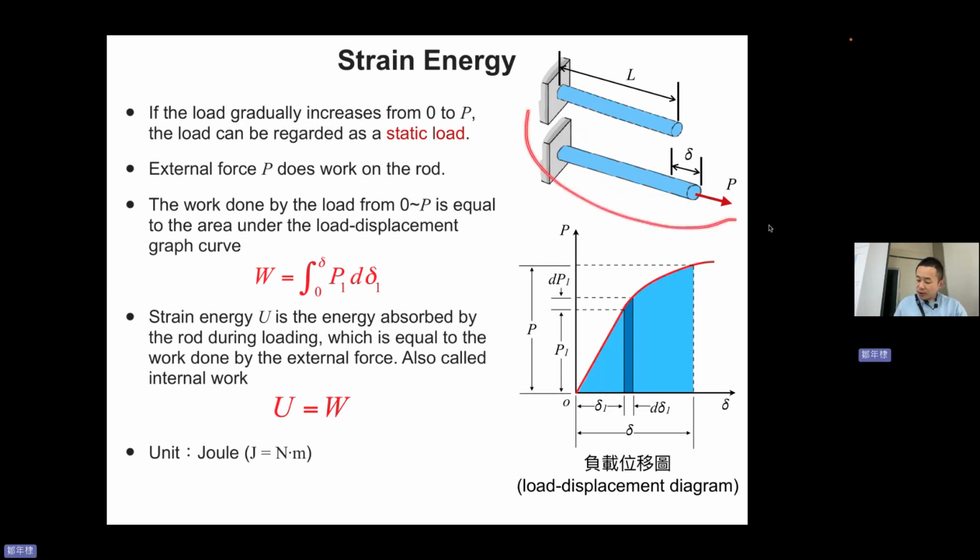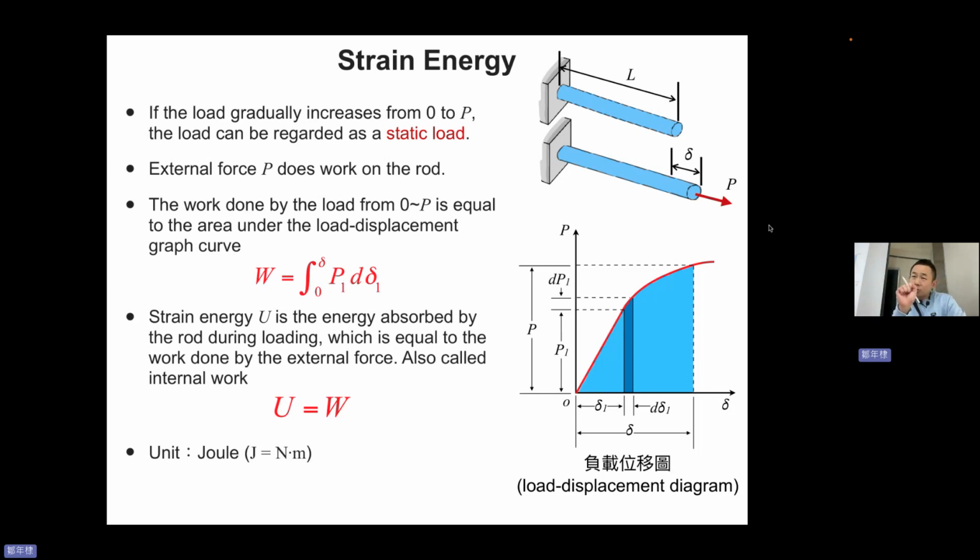So typically, in the mechanics of materials course, we say the force is increased gradually, slowly from 0 to P. Okay, gradually, slowly, without a sudden move. If you have a sudden move, you introduce velocity or acceleration, so you have more force, more energy on that.